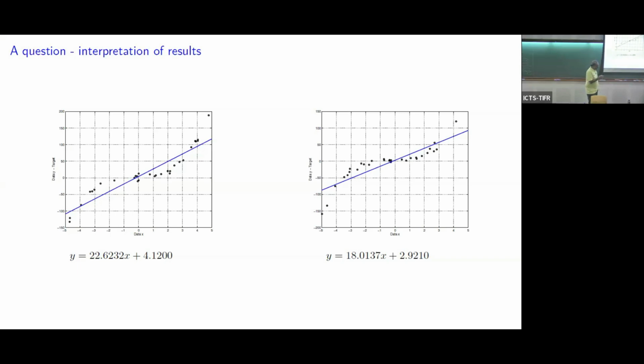But when I try to fit this particular model to that data, what I get to see is that the values are different. Okay? So instead of this 22 here, I get 18. Here, instead of this 4, I'm getting 2.9. Okay? So each time I do these measurements and do this kind of fitting or parameter inference, I get different values. Which one is correct?